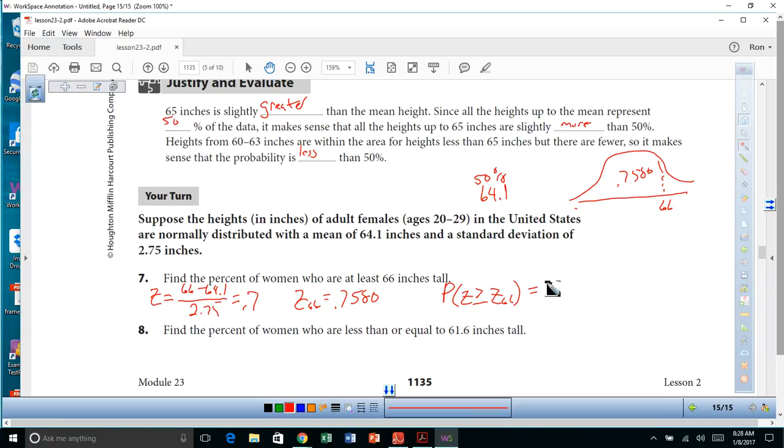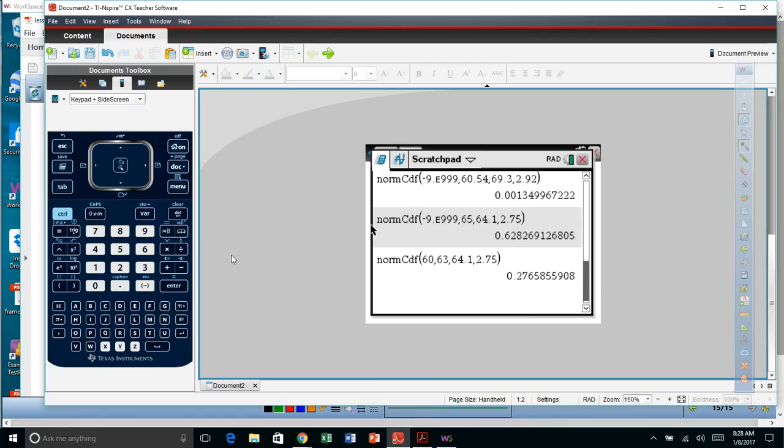So we're wanting to find this area over here. We know that the entire area is 1, so we're going to say 1 minus 0.7580, and that's going to be 0.242, or 24.2%.